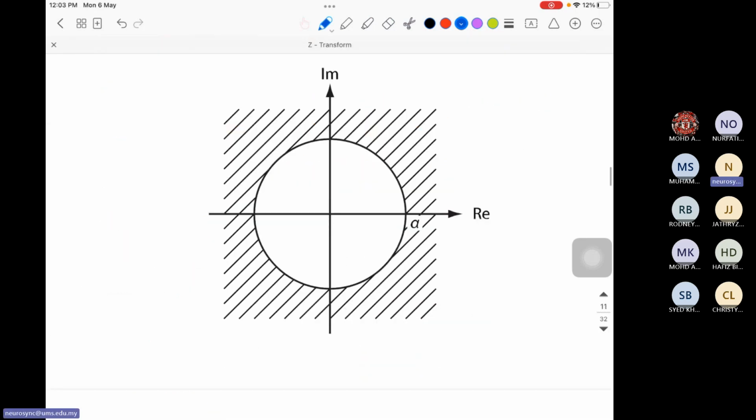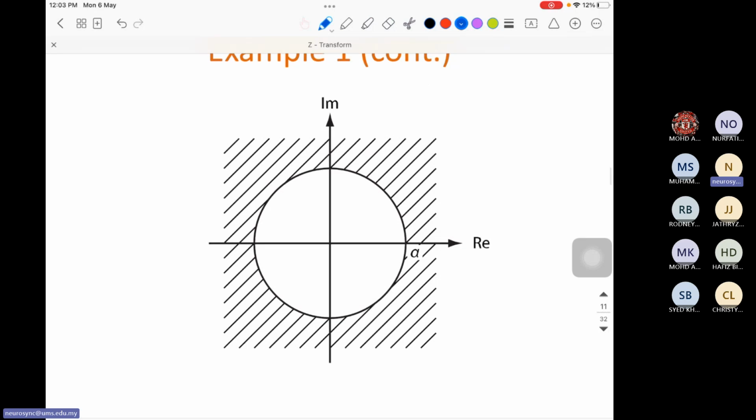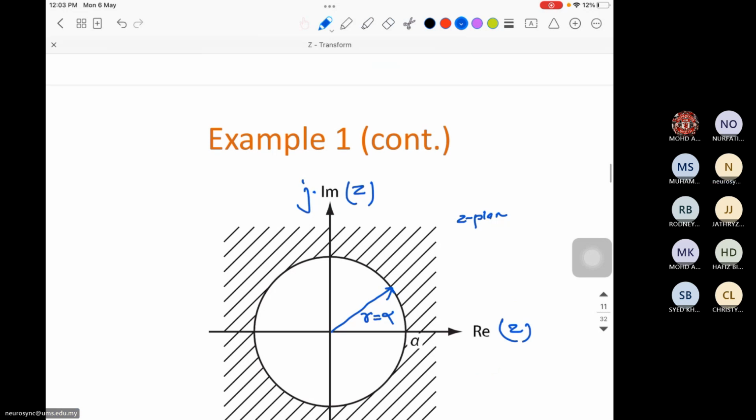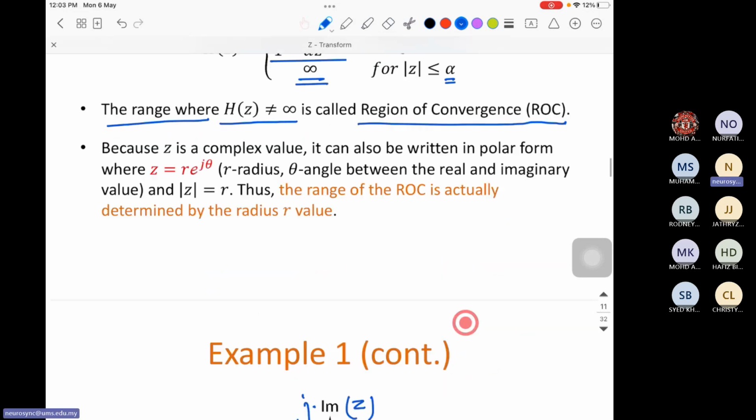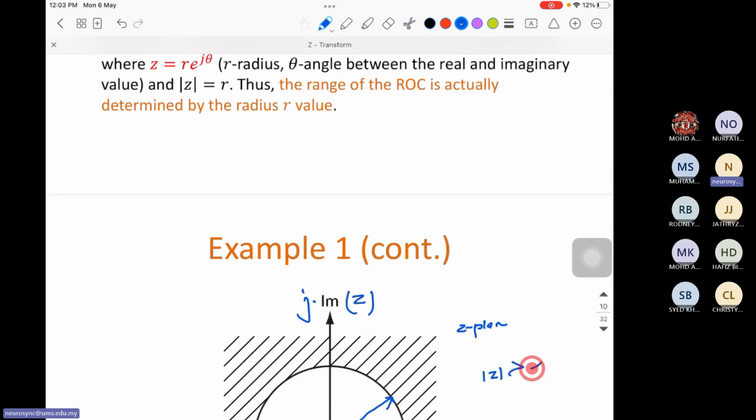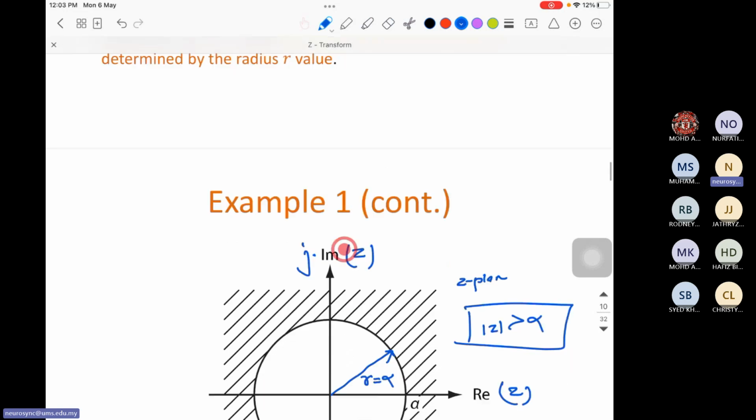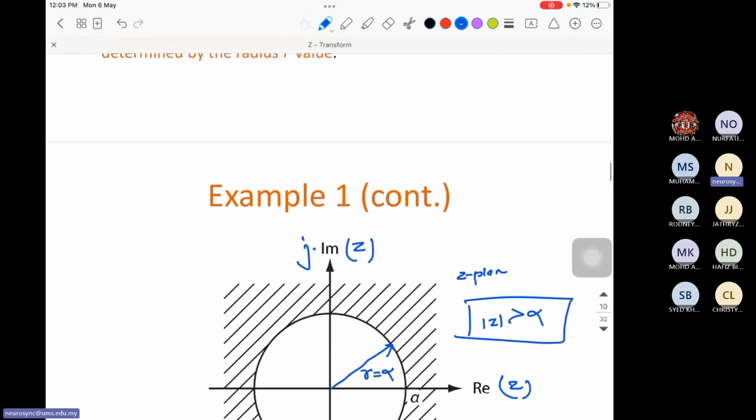Now in the graph we can plot it like this. This is the z plane. This is real z, and this is imaginary z, j times. And this is the circle of radius alpha, r equal to alpha. If mod of z is greater than alpha, only in that case H of z exists, which is not equal to infinity.